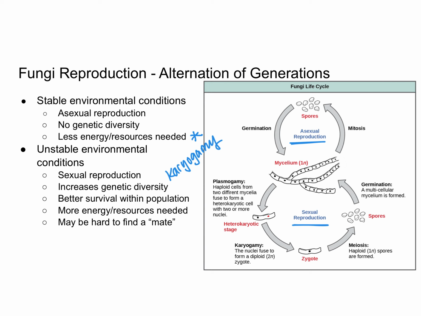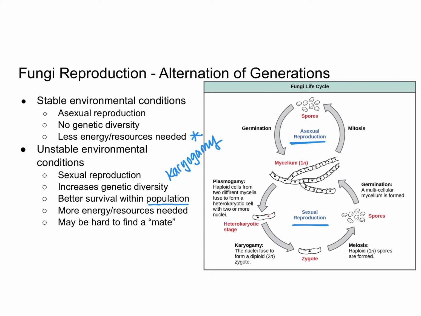And then during meiosis, those diploid chromosomes get shuffled around and then dealt into the daughter cells, which are the spores. And so the spores end up having a different combination of genetics from each other, and they're also genetically different from the parent cell. So this increased genetic diversity leads to better survival within the population.